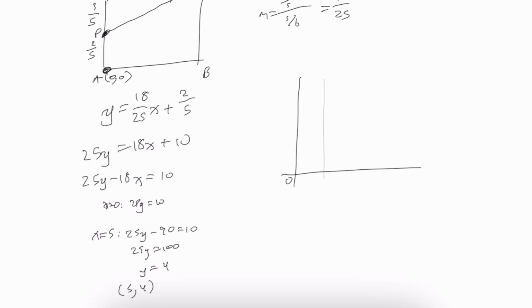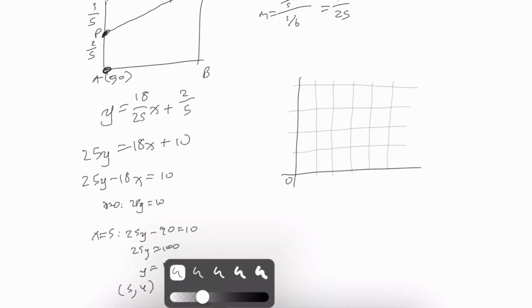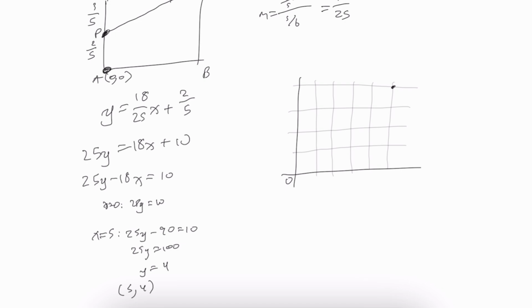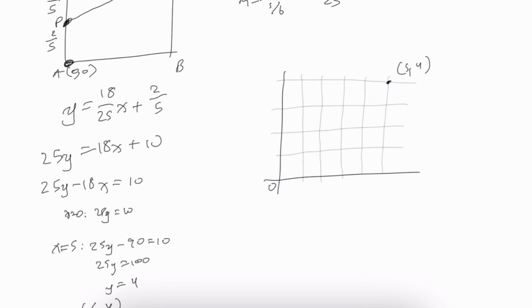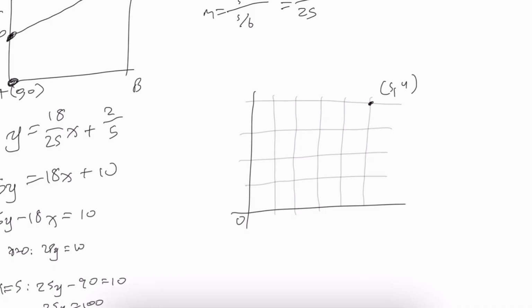That's too big. 1, 2, 3, 4, 5. 1, 2, 3, 4. This point here is 5, 4. And our line will look something like this.